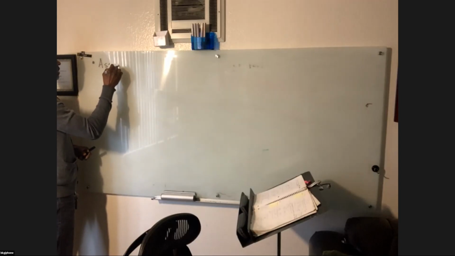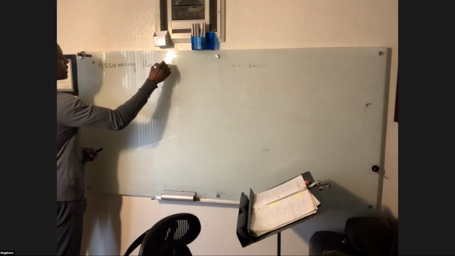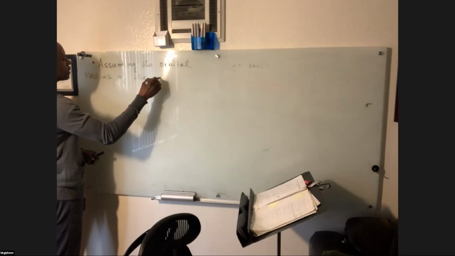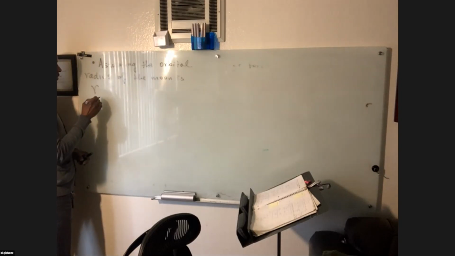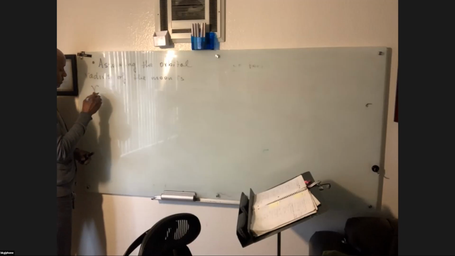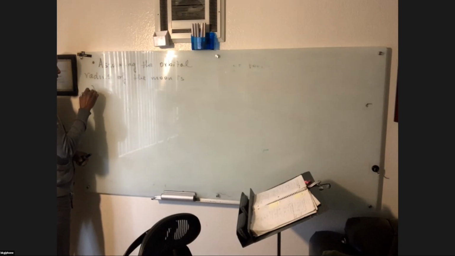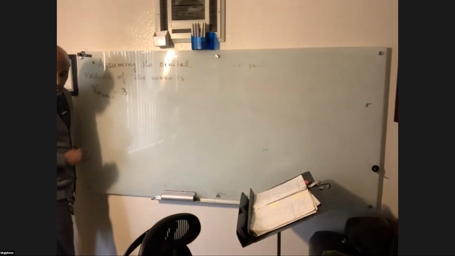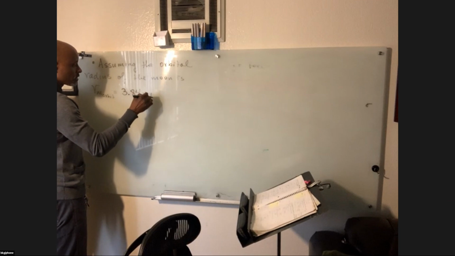Assuming the orbital radius of the moon is, call it R, R moon orbit equals 3.84 times 10 to the 8th meters.